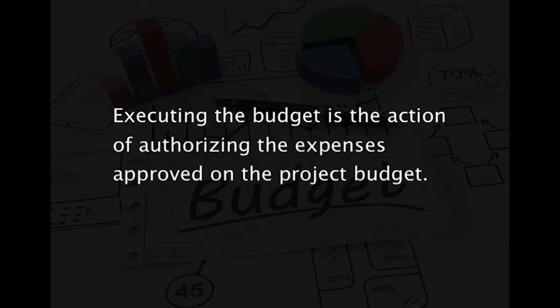Executing the budget is the action of authorizing the expenses approved on the project budget. The project manager then initiates the activities that lead to hiring project staff, purchase of equipment, materials and services, all according to a project procurement plan developed during the resource management process.